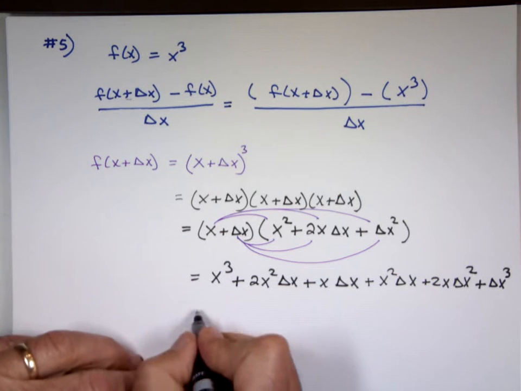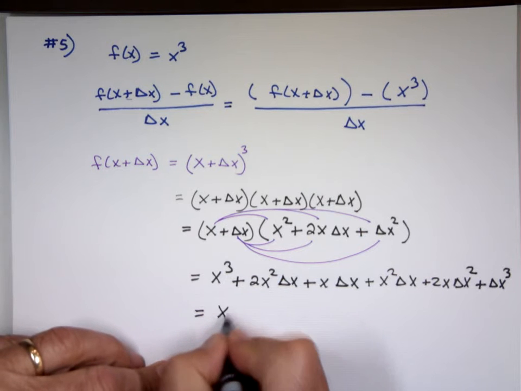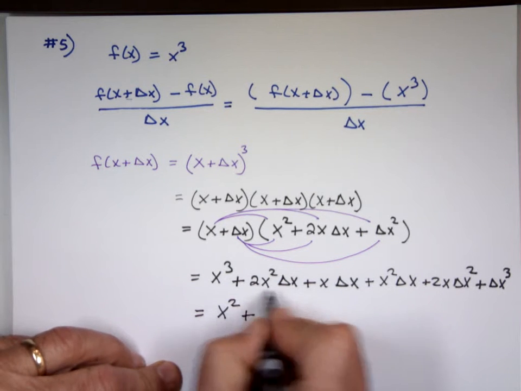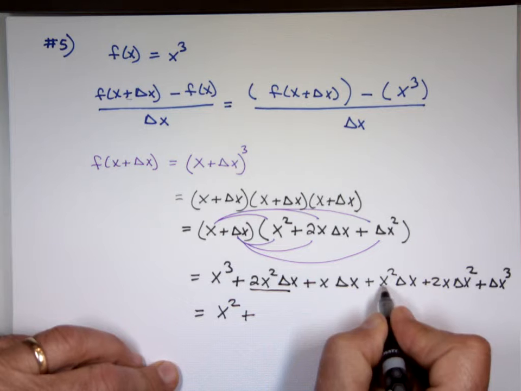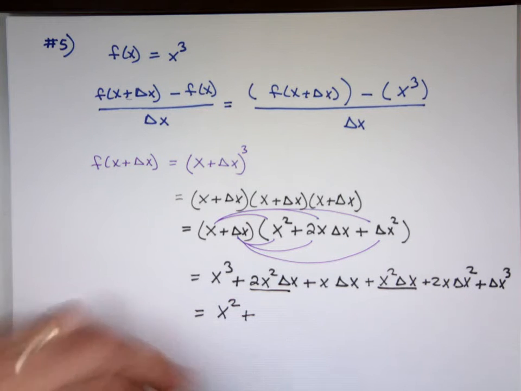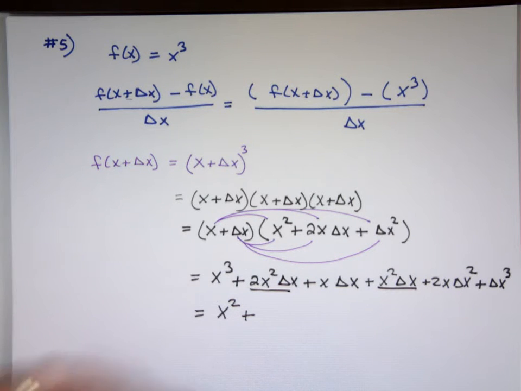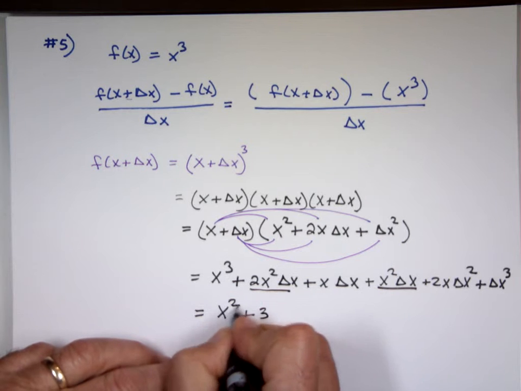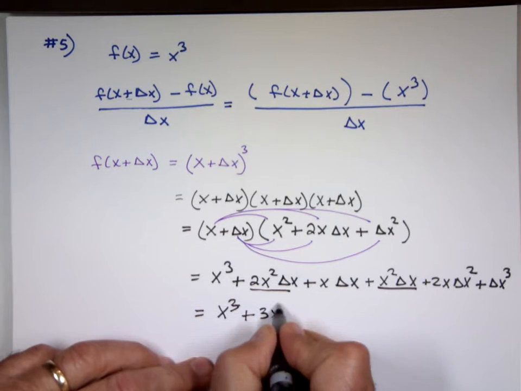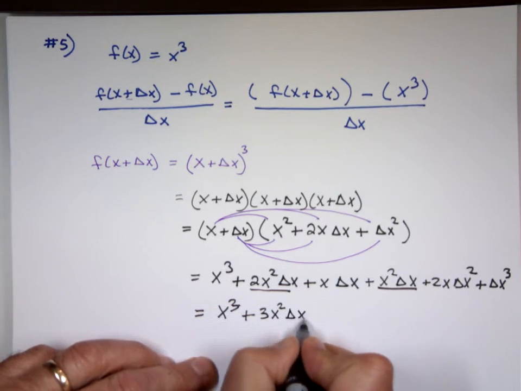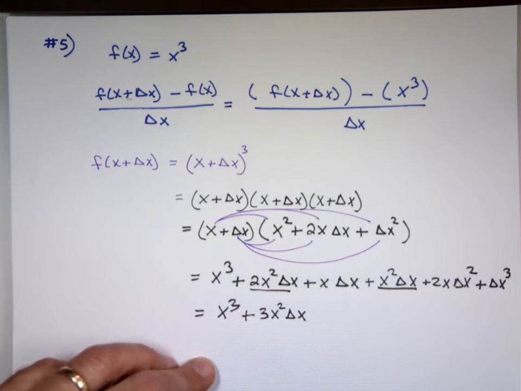Collect like terms. Notice this one and this are the same type. We can put them together. 2 and 1 is what? Oh, that's 3. Yes, thank you. This will be 3x squared delta x.